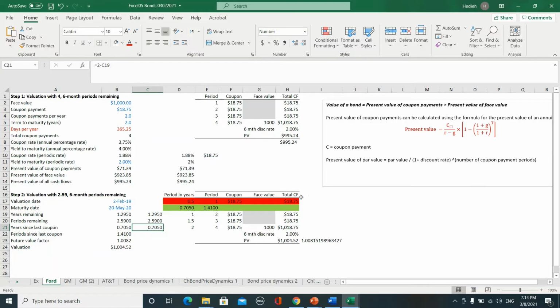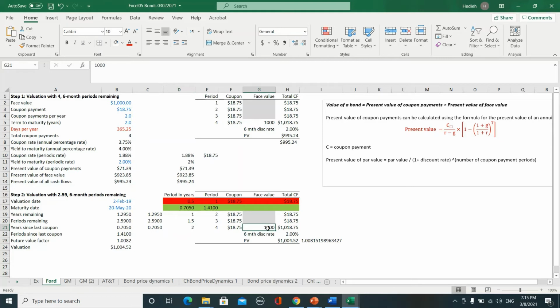If you take a look at this table, you see that 0.705 years is after 0.5. So now you are at a point in time where you have lost the first coupon payment. So you are not going to consider the first coupon payment in your calculation. But you will receive a coupon payment in year 1, a coupon payment in year and a half, and a coupon payment in year 2.